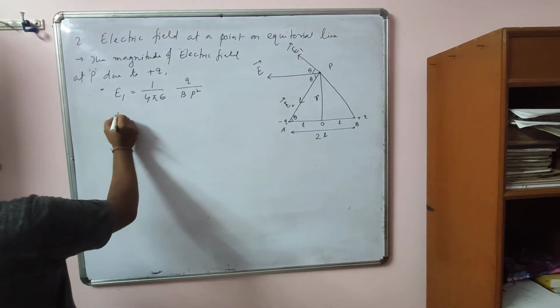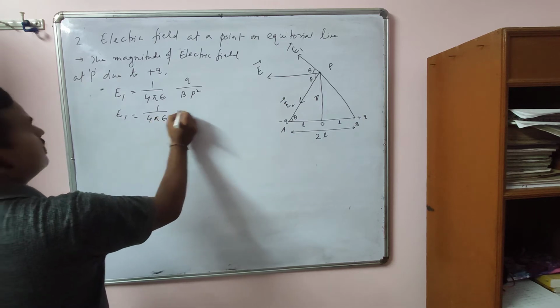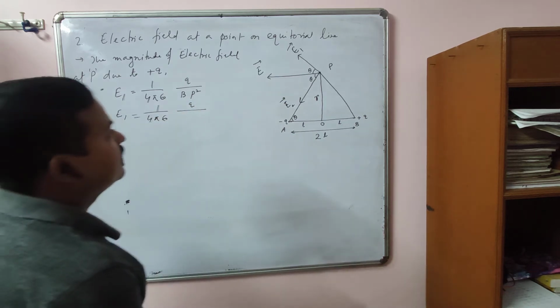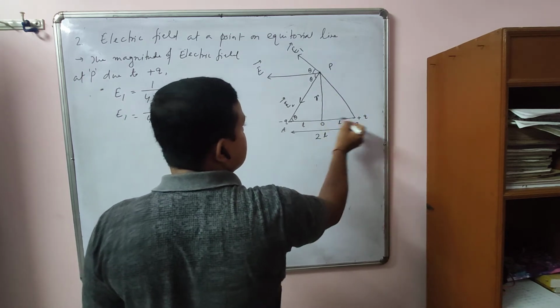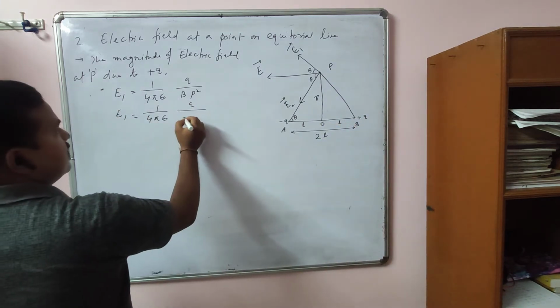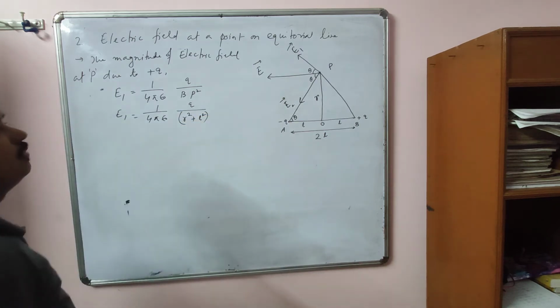E1 is equal to 1 by 4 pi epsilon, q by r square, where r square means BP square. Now what is BP? By the Pythagoras theorem, it is r square plus l square. So this is BP square.